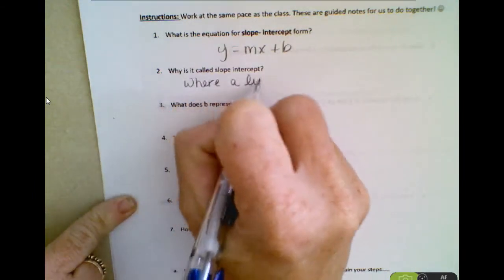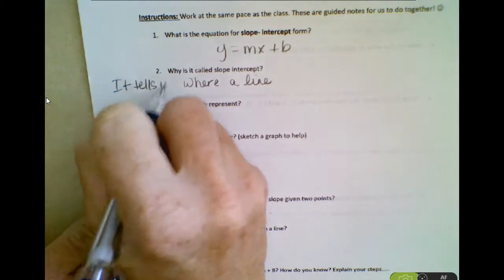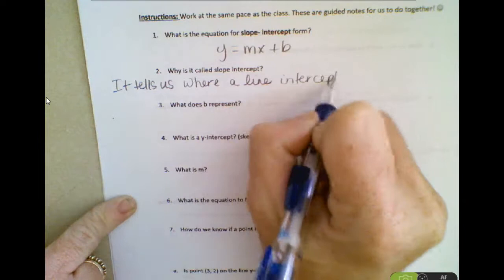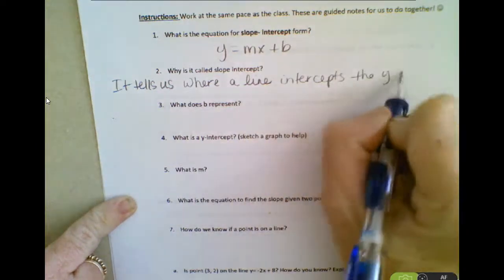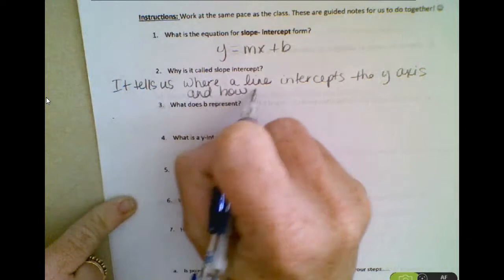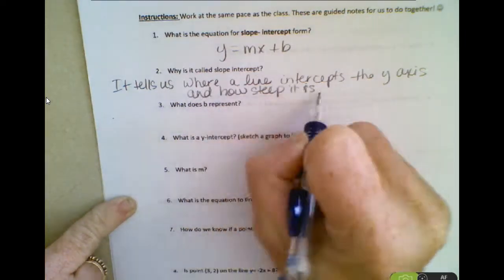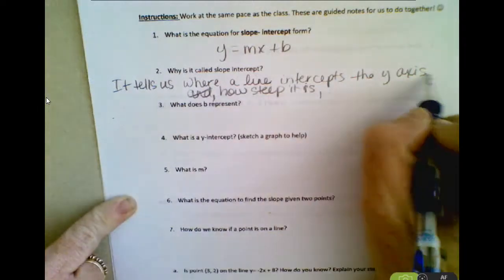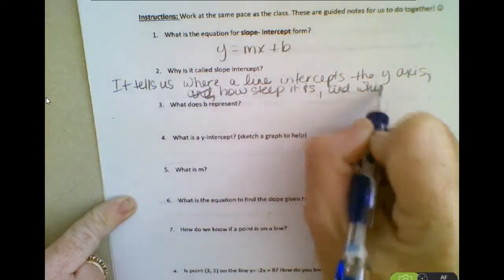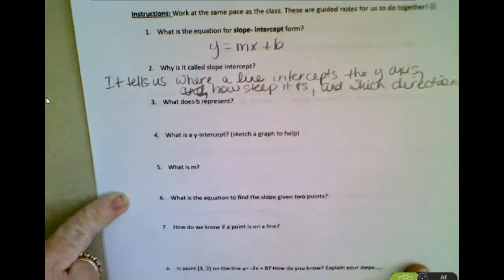So it tells us where a line intercepts the y-axis, and how steep it is, and which direction it goes. Right? Just that one equation tells us all of those things.